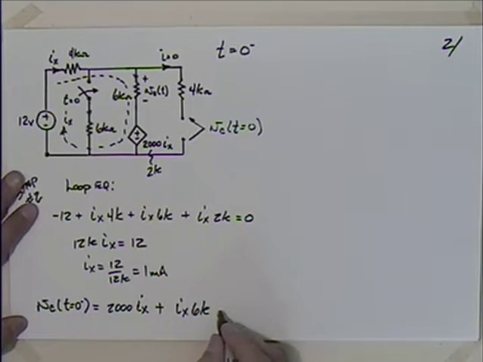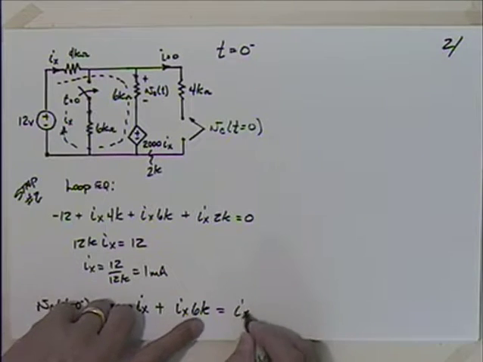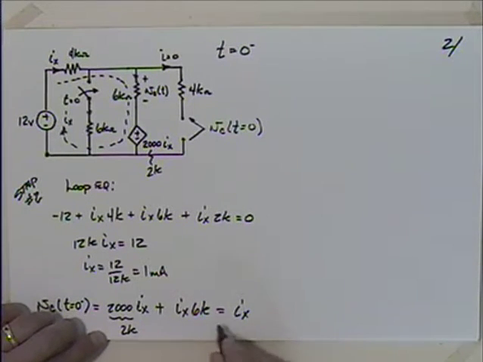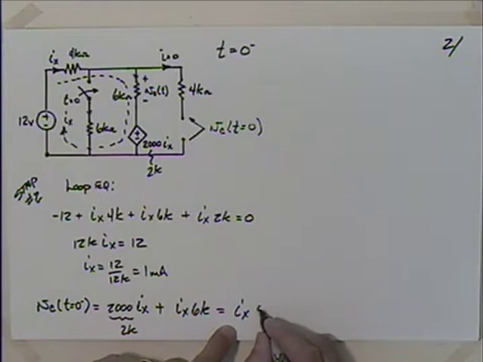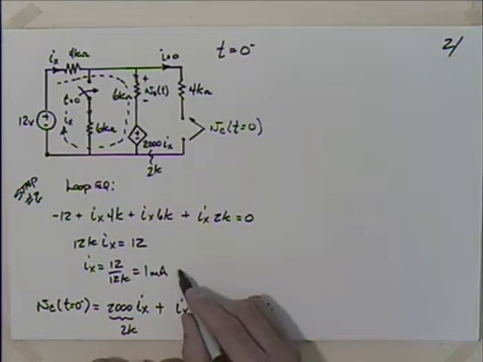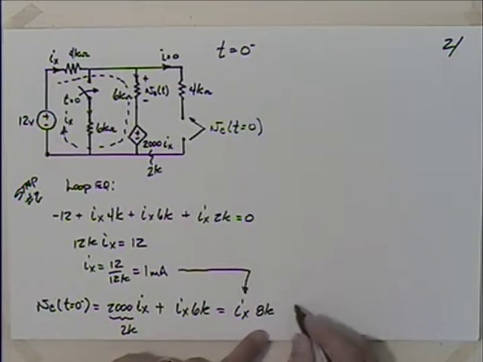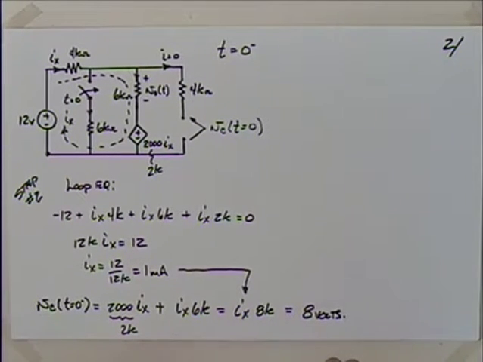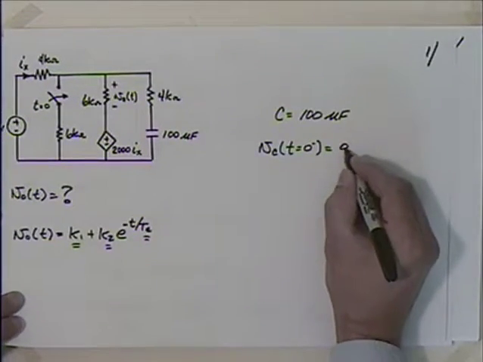So this turns out to be equal to Ix times, remember, 2k. So 2k and 6k is 8k. So I've got 1 milliamp times 8k gives me 8 volts. Okay, 8 volts. So that was fairly easy. Let me put that there, 8 volts.